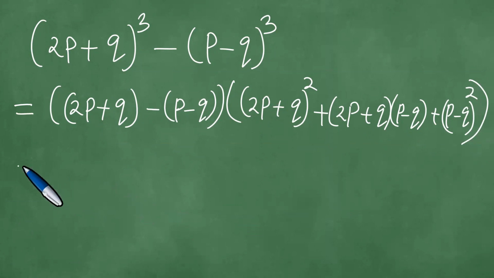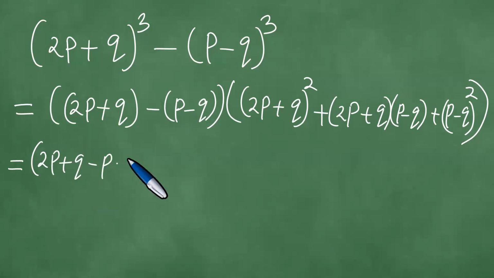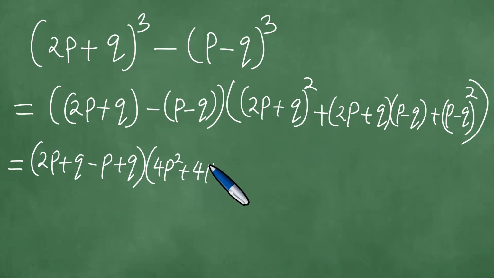Analyzing this in detail, we obtain the following. Let us distribute here and open up the parentheses. If you square (2p + q), it becomes 4p squared plus 4pq plus q squared.